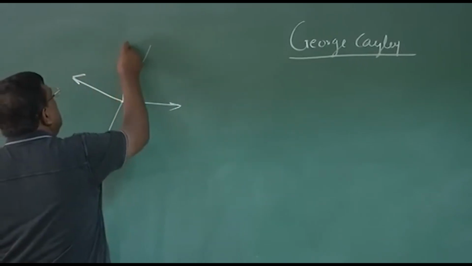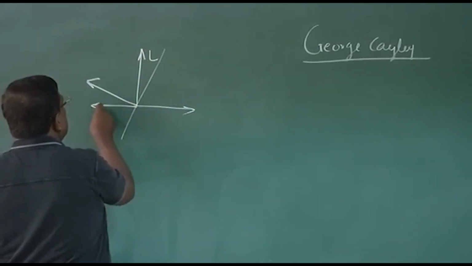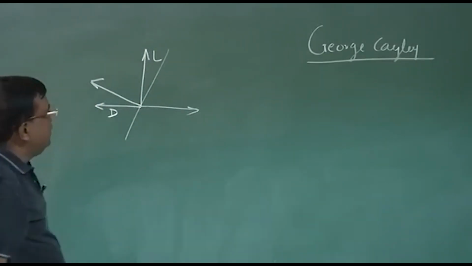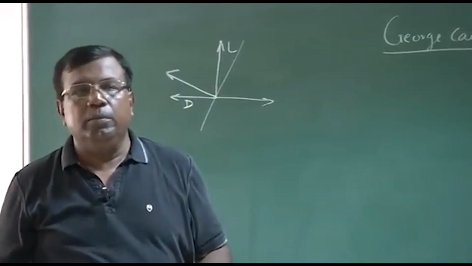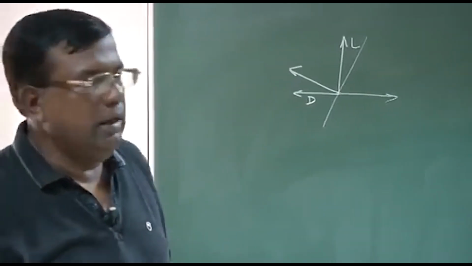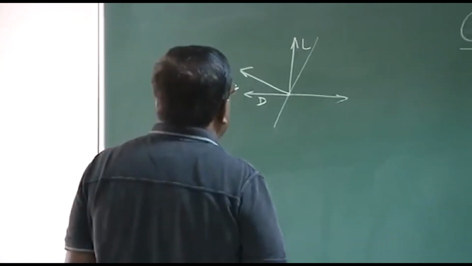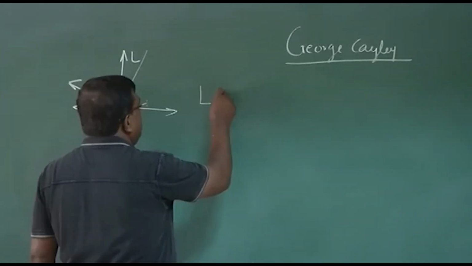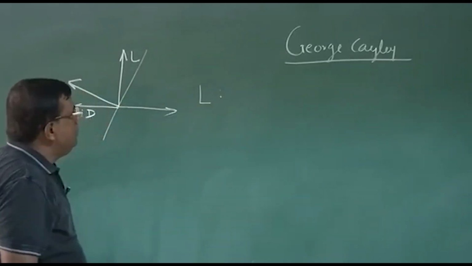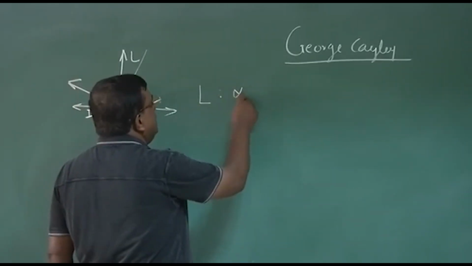By now, you are very clear. The flat plate moving like this, there is a reaction, and one component is lift, one component is drag. Absolutely fine. So one thing is very clear, this lift will be proportional to the angle alpha.